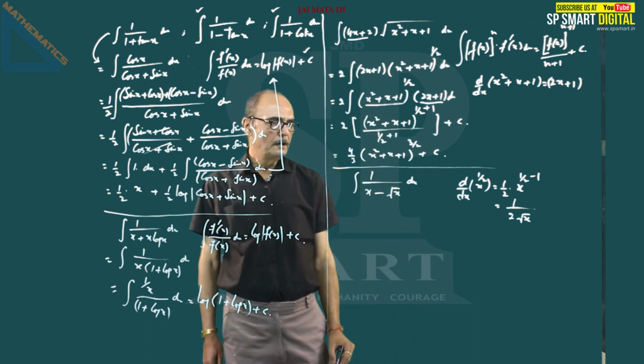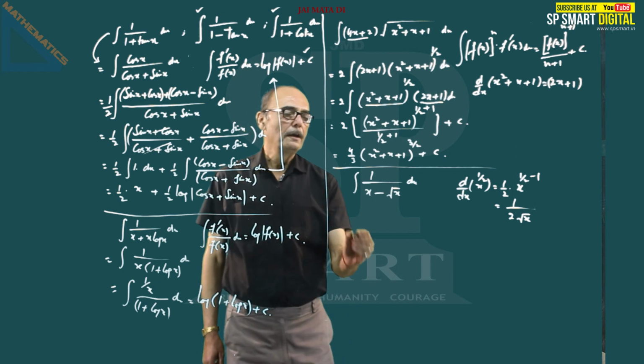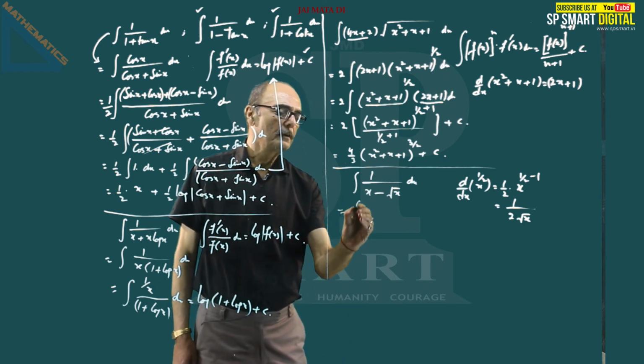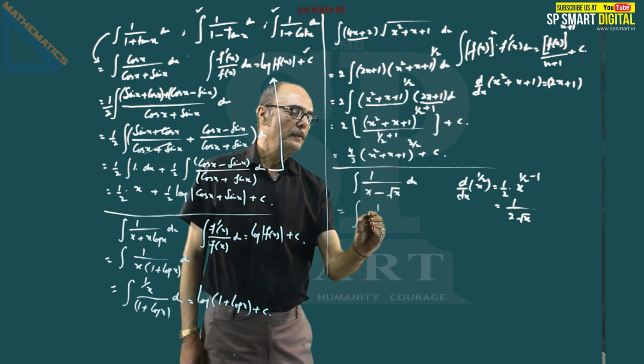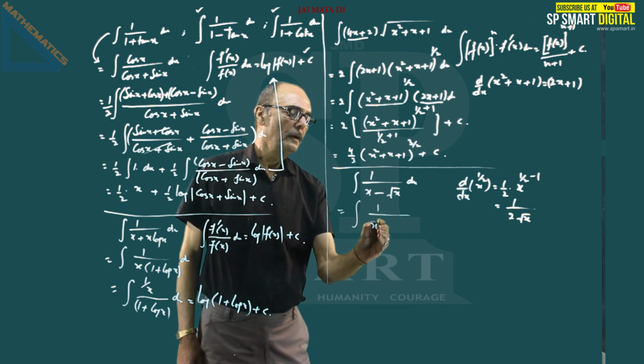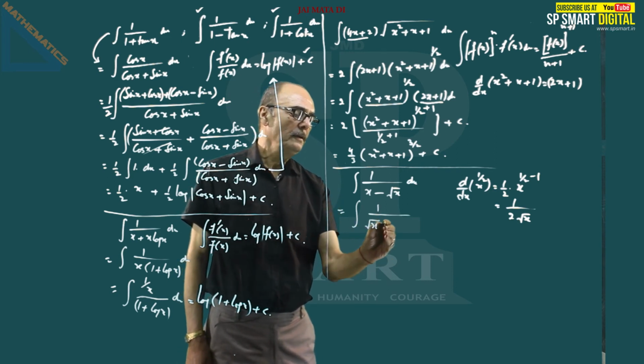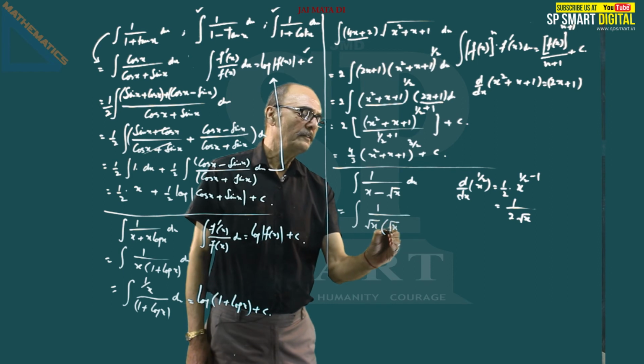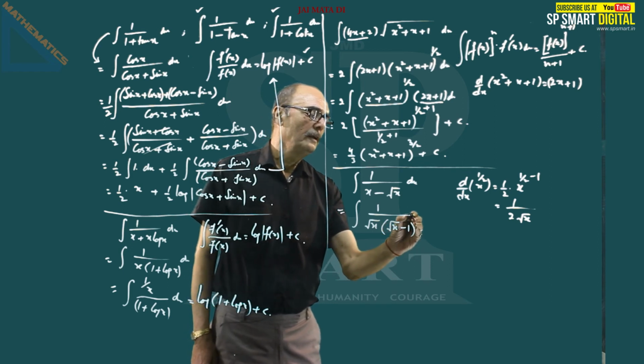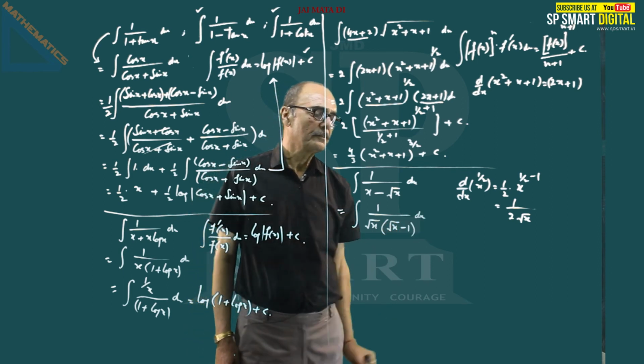So, this under root x, if we take root x common from this, it is 1 upon root x common. So, there will be root x minus 1 d of x.